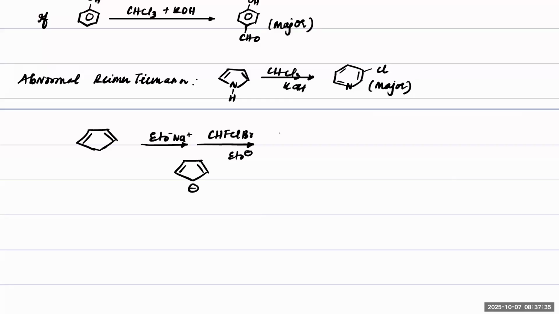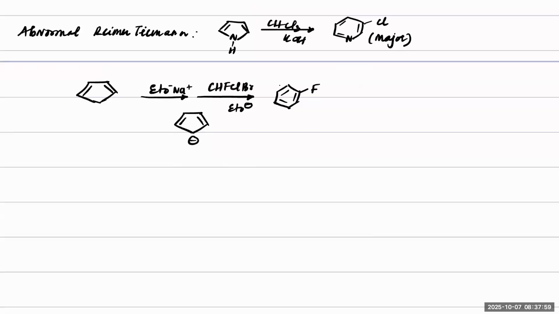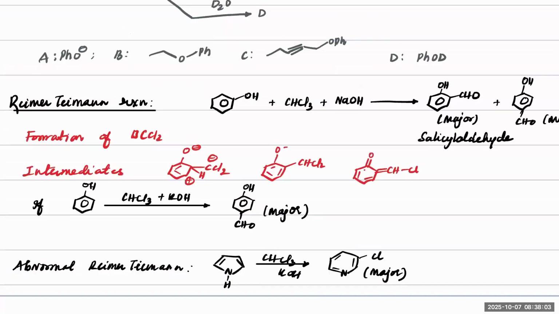So it will again remove bromine and hydrogen. Those two are good leaving groups, HBr. And this will get a six-membered ring, but this time you will not have any nitrogen like this. This is the way it will be. And fluorine is the one thing that is left over here. That's it. This is the product formed. Clear? Yes. This is the Reimer-Tiemann reaction.